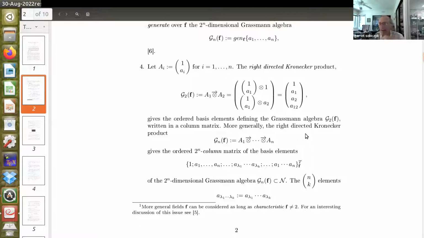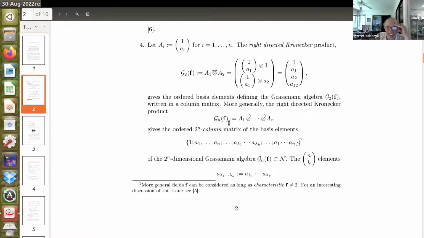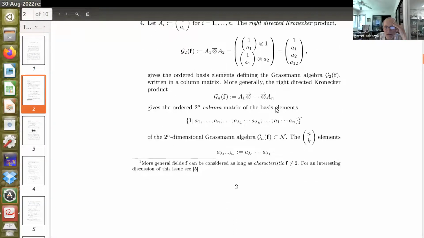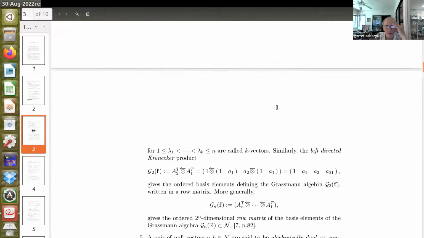Euclidean vectors have square +1, pseudo vectors have square -1. Here the Grassmann algebra has this basis, and then the generalization is this expression here. We've been through that before, of course.